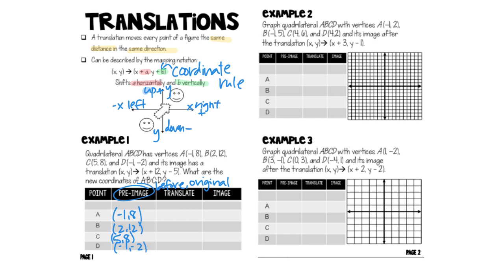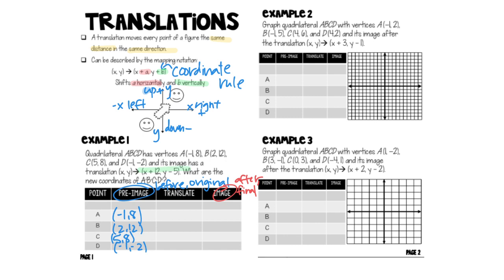Now, we're going to translate to its image. Image means after the transformation, or this is the final. So first we have the original, and then we have the final. So our image point is going to be obtained by using the coordinate rule, x plus 12, y minus 5.